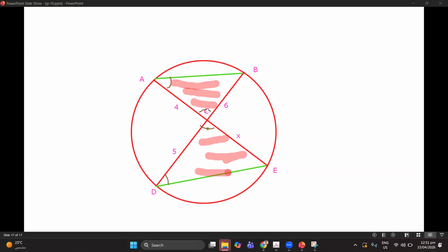So this angle A and angle A are equal because they are vertical angles. And angle A here and angle D here are equal because they share the same arc. So the two triangles, ABC and DCE, are similar because of AA similarity.